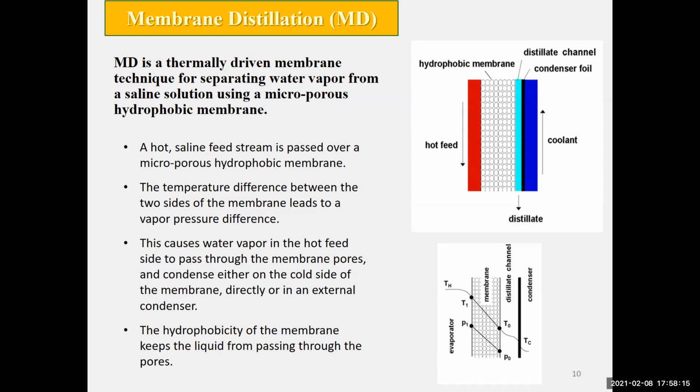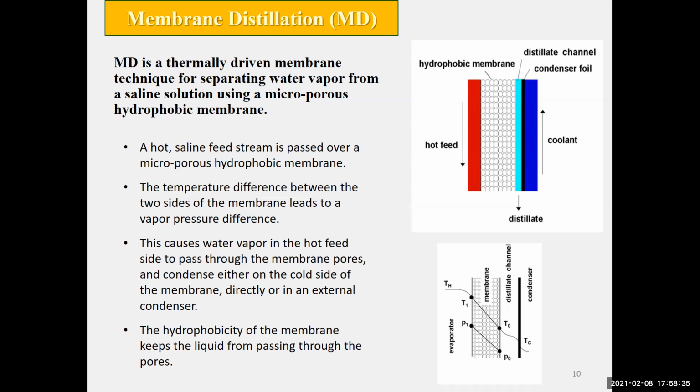So a membrane distillation unit has membranes, but it is thermally driven. It's a thermal desalination system, because the motive here is the change of vapor pressure, which comes as a result of a decrease in temperature.